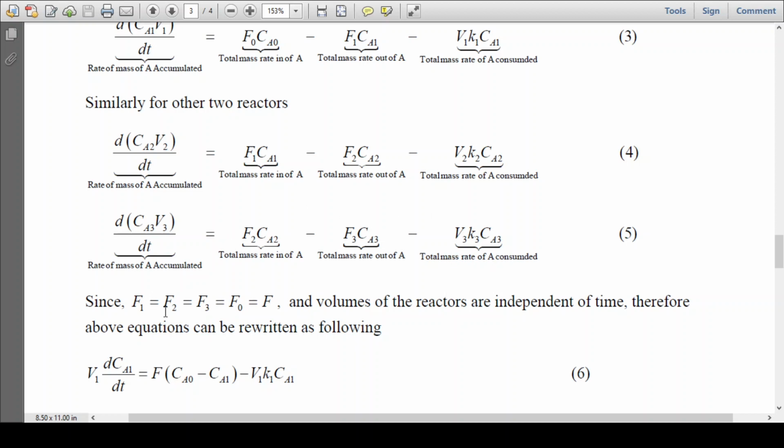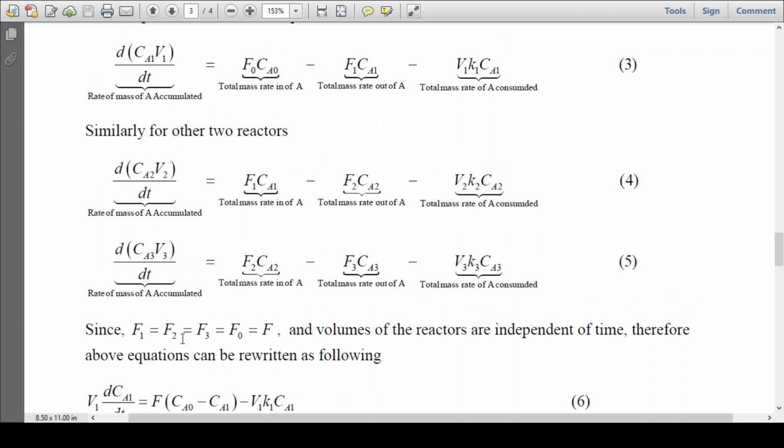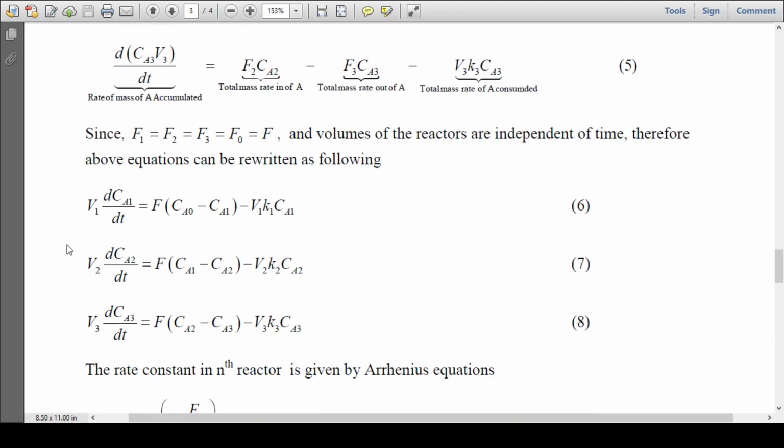Now we have already proved that F1 equal to F2 equal to F3 equal to F0 equal to F, and volumes are also independent of time. So equations 3, 4 and 5 can be rewritten as: V1 dCA1/dt equals F (CA0 minus CA1) minus V1 K1 CA1.